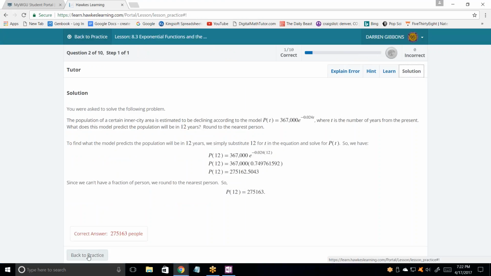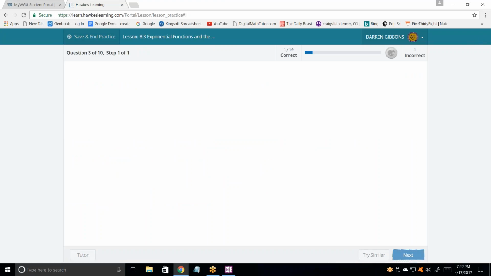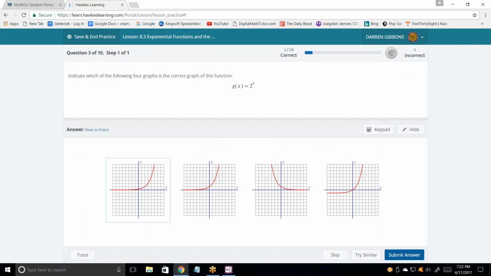Okay, back to practice. And next. All right. Notice that this is kind of similar. This is actually quite a bit easier. This is a standard exponential curve, 2 to the x. It's going to look just like all the others I drew.